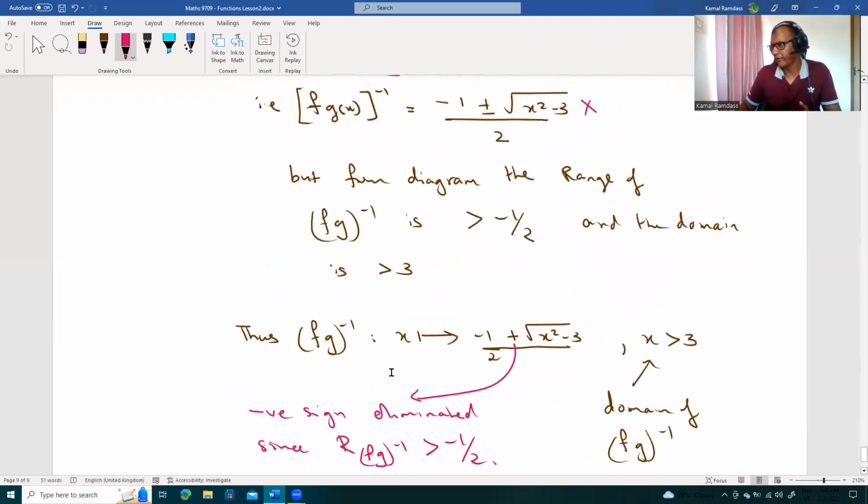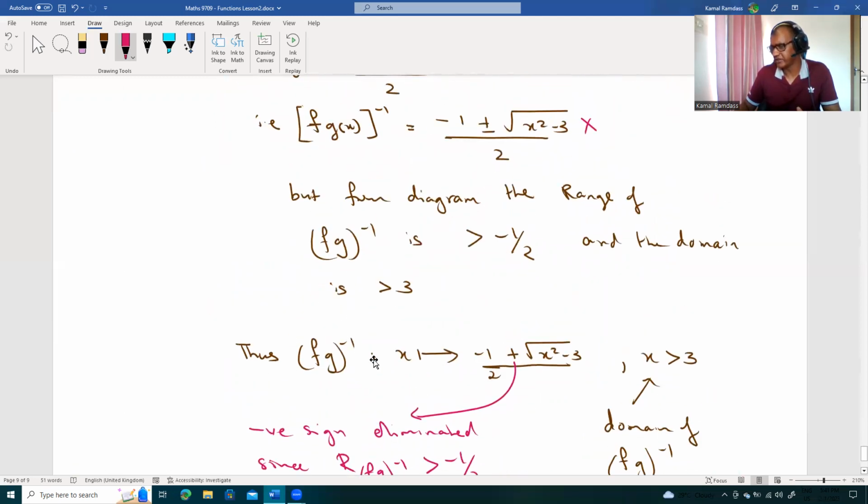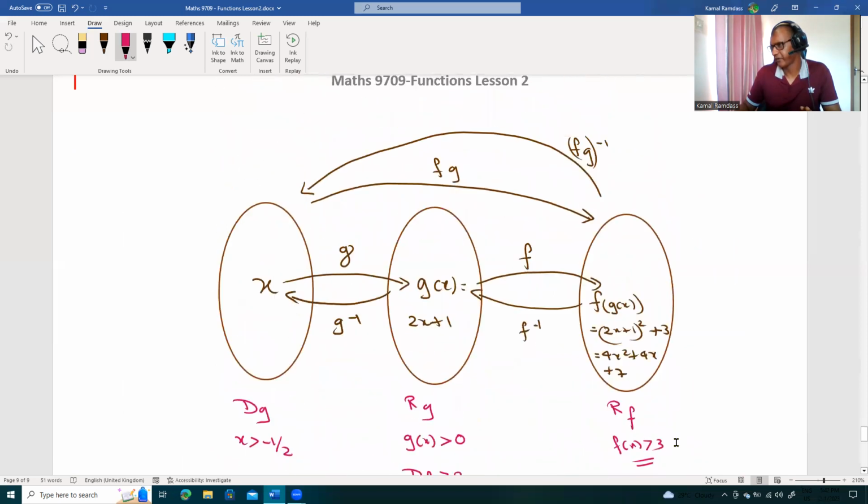Et là, nous avons f of g inverse is defined such that... No, the inverse of f of g, pas f of g inverse. The inverse of f of g is defined such that x maps onto minus 1 plus or minus root de (x square minus 3) divided by 2 for x greater than 3.